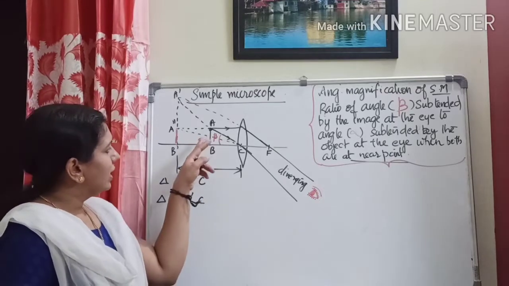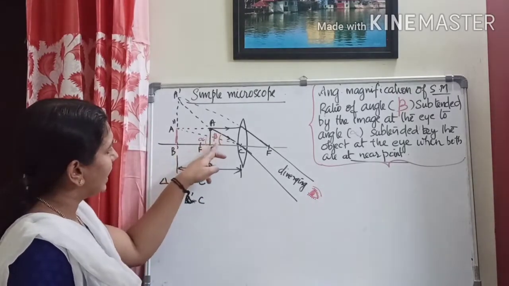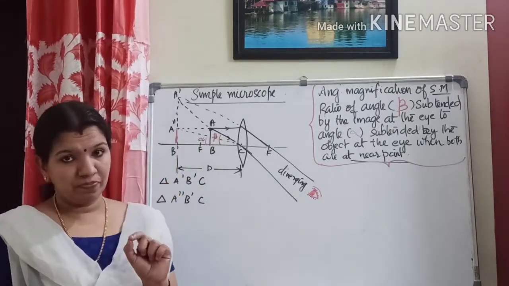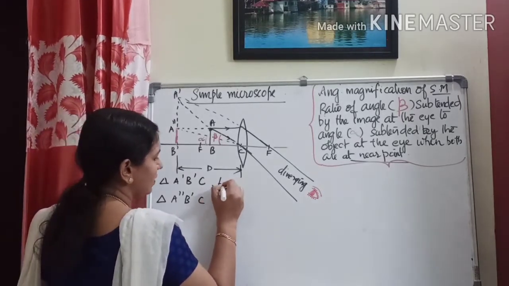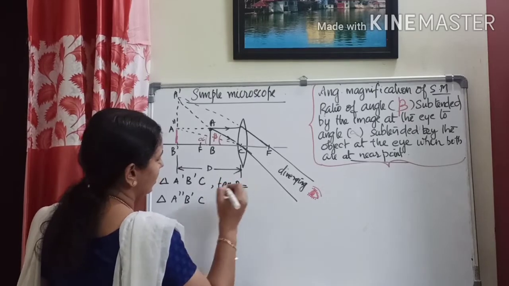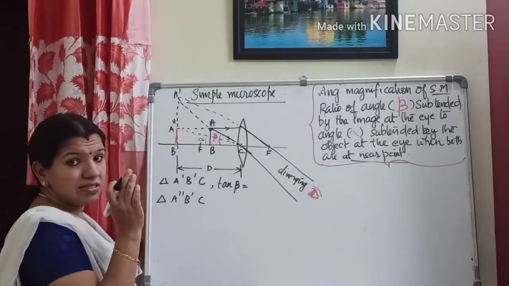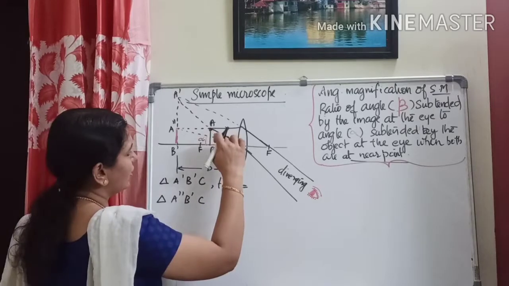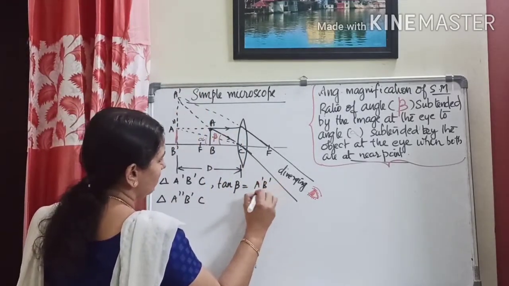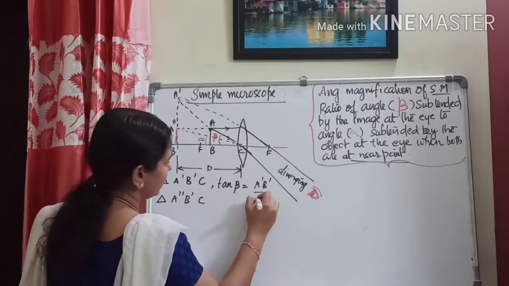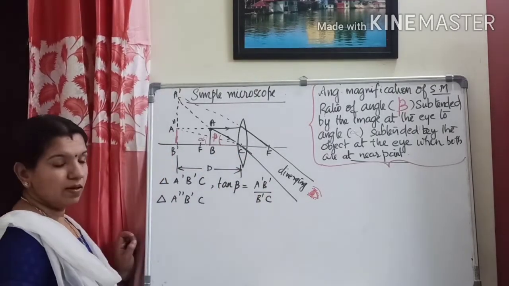Okay. Now, in the first triangle, if you are taking the value of tan beta, what will you get? Tan beta is equal to opposite side by adjacent side. Here the opposite side is A dash B dash by adjacent side B dash C. Okay.